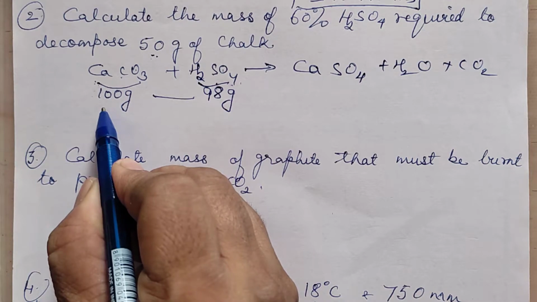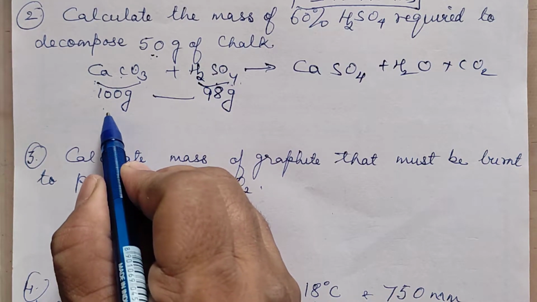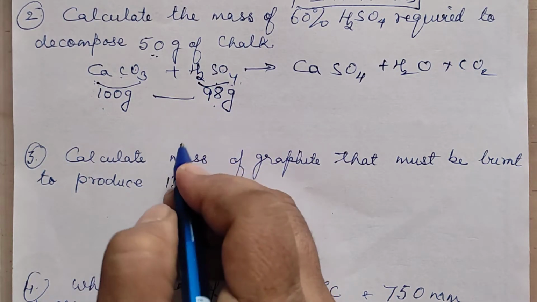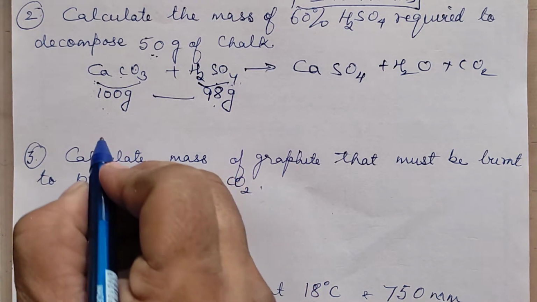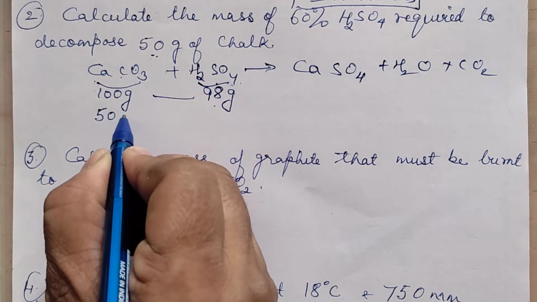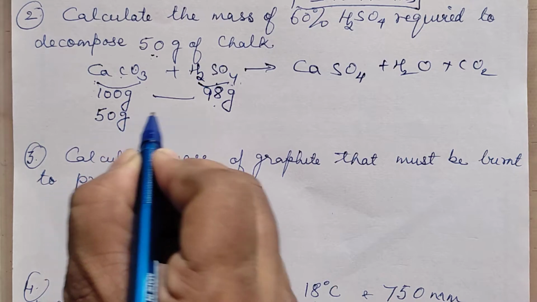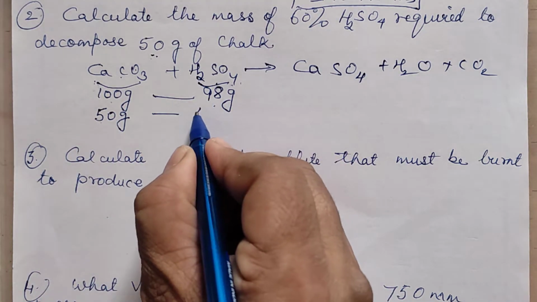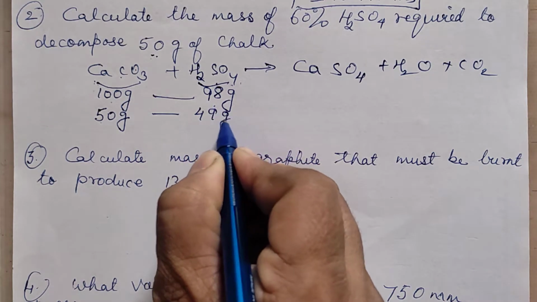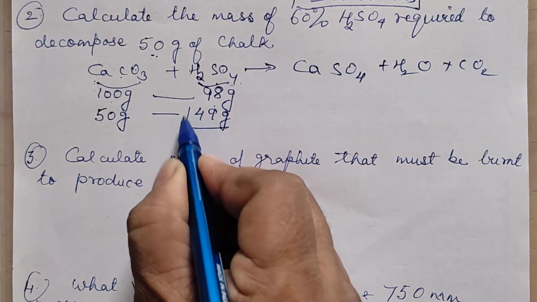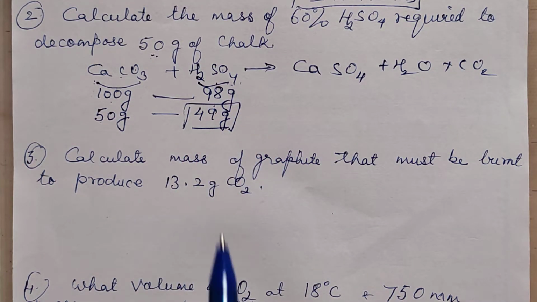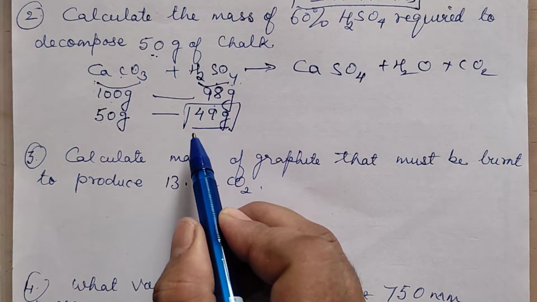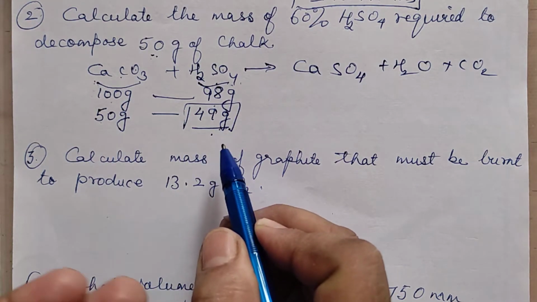So to decompose 100 gram of chalk, we need 98 grams of sulfuric acid. So for 50 gram, obviously half of it, 49 gram will be required. But 49 gram is required if it is pure.